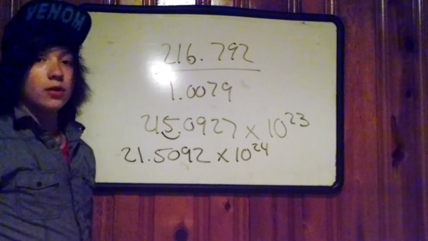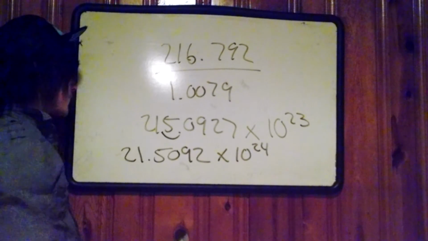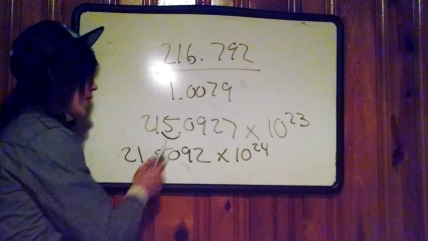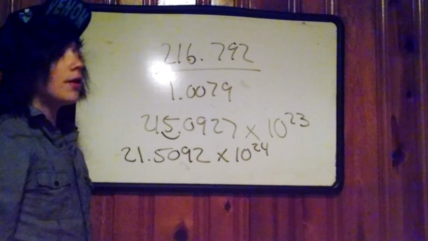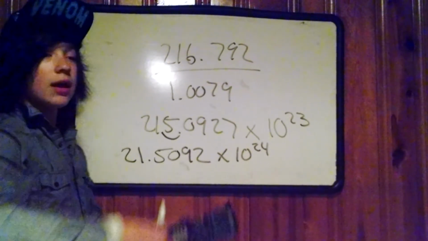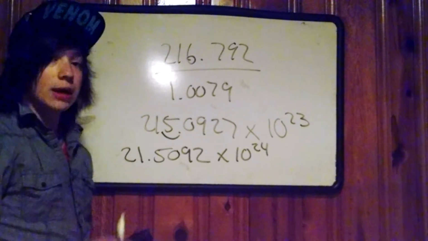So, at the end of the equation, in 36 grams of hydrogen, there's 21.5092 times 10 to the 24th power molecules, particles, or atoms in that amount of substance. And that is how you solve a grams to atoms equation.